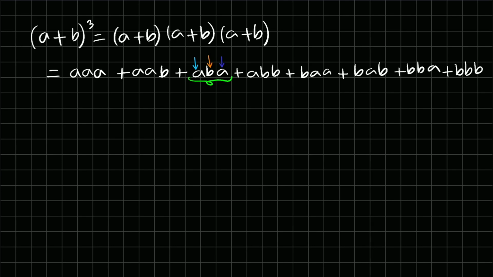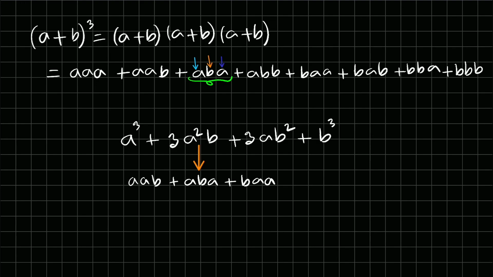Now if we look at the expansion algebraically, the coefficient of a square times b, which is 3, is actually coming from the addition of aab, aba and baa, which are basically all the 3 permutations of 2 a's and 1 b. Same is true for the coefficient of a b square or a cube or b cube. Do you see the general idea now?